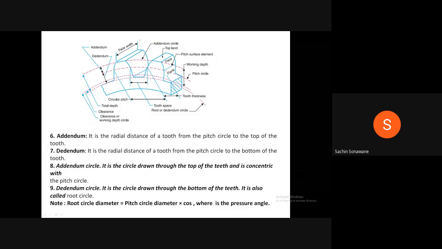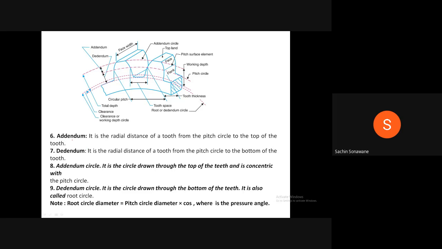In the diagram, there are different terms: addendum, dedendum, face width, addendum circle, top land, face, flank, pitch surface element, working depth, pitch circle, tooth thickness, tooth space, then root or dedendum circle, circular pitch, total depth, clearance, clearance or working depth circle. All these definitions we are going to see one by one.